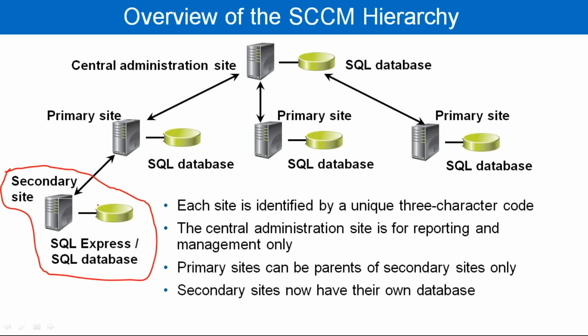It stores the data either in SQL Express or a SQL database, and then it replicates or sends the data to the primary site database. The primary site has a SQL database, and the primary site's data will be synchronized with the central administration site database.